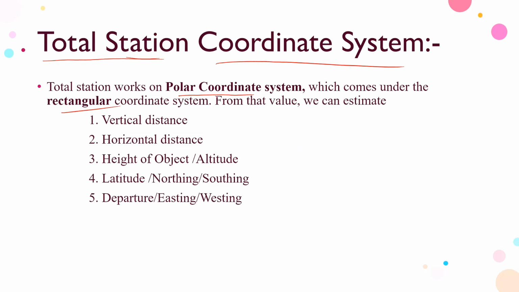Using this coordinate system, we can estimate the vertical distance, horizontal distance, height of the object, which is known as altitude, also latitude, northing and southing, departure or easting and westing. This is a defined term.